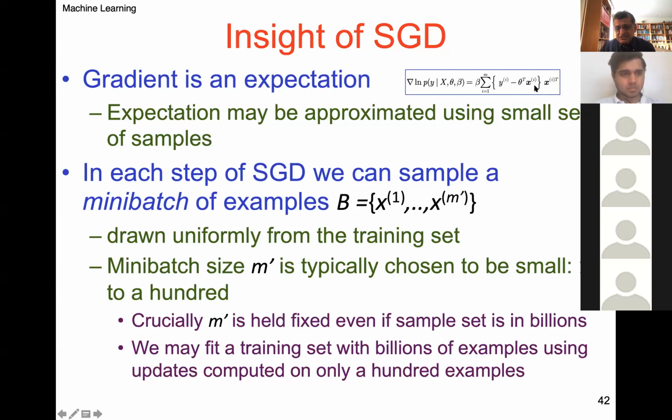If x was a scalar, this would be y minus theta transpose x. Sum squared error would be the sum over all the samples of the squared term. When we take the derivative, the 2 and the 1/2 cancel, and you also multiply by x, because there is an x term inside the power of 2. That's where that x came from.